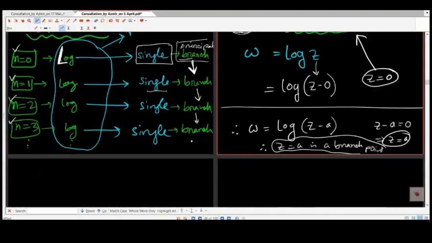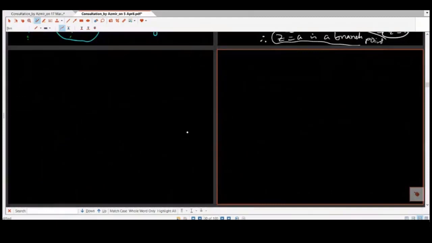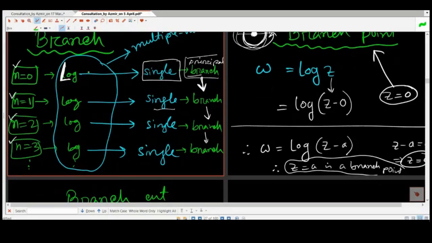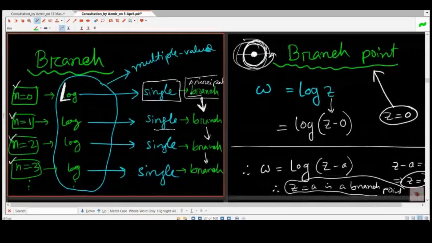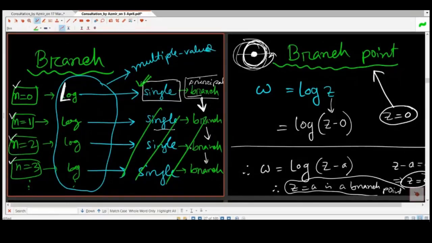So that's why we need a cut, that is we need a branch cut. Branch cut works as an artificial barrier so that we may not have different branches. Suppose we need only this one but not all these branches. At that time we need a branch cut.